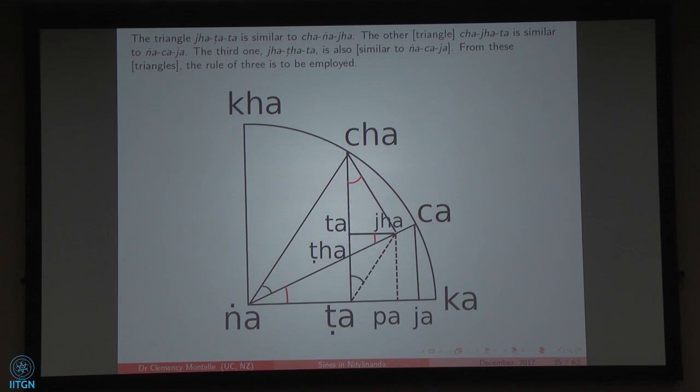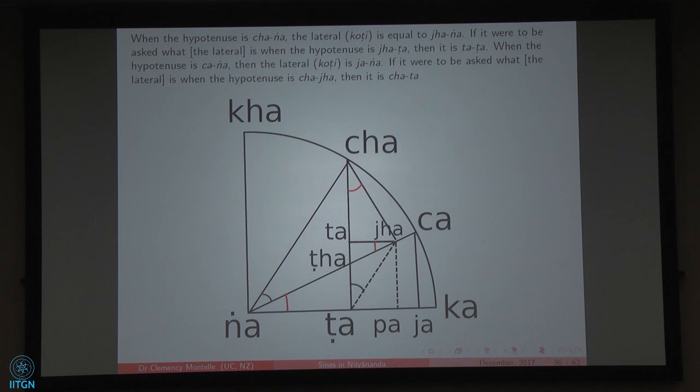And similarly, the other triangle that he will need is the triangle cha, na, cha, which is similar to this little triangle here, ja, ta, ta, which he will also use for his trairashika. He's just telling us that in the content of the verse there.